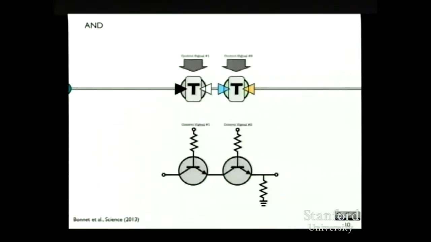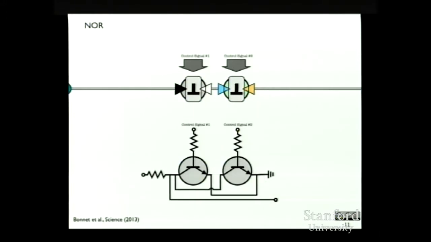Okay, so if I have two integrases that recognize different sites, and I connect them in series along a piece of DNA, this is going to get me an AND gate. All right. So in this configuration of the logic elements, either of the terminators would block. If I flip via control signal 1 the first terminator, and I flip via control signal 2 the second terminator, I get input to output pass through.